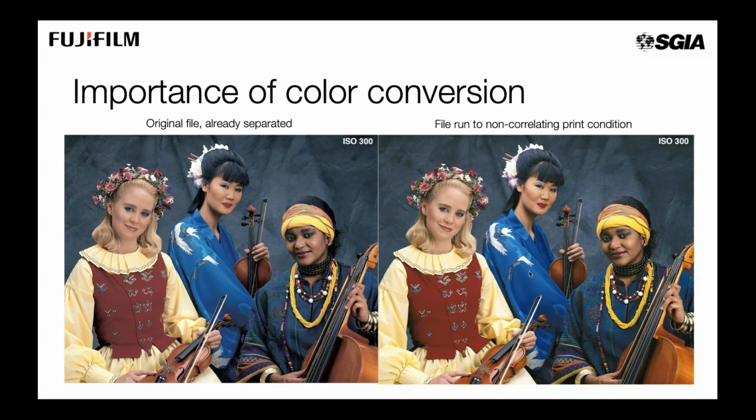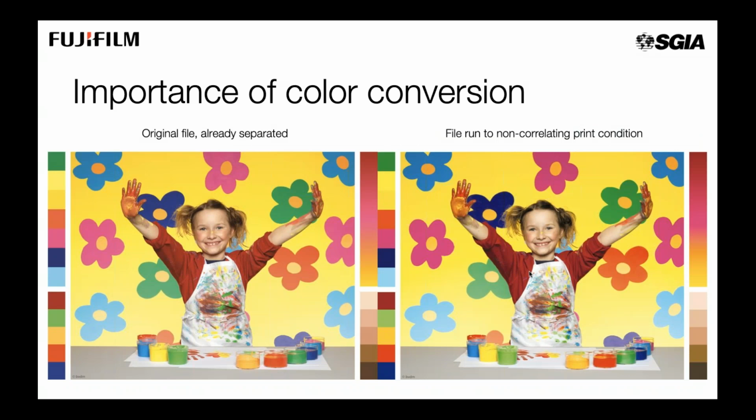So here's a second instance of that, and maybe we can see the differences a little easier in this case, specifically in the red of the girl's shirt and in the magenta of the flowers. On the left is the original intent of the file, how it's supposed to look.